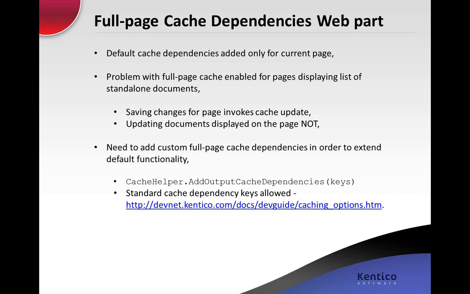You can find all those standard dependency cache keys in the developer's guide, and then you just pass this array of keys to the CacheHelper.AddOutputCacheDependencies method, which will take care of the rest for you.